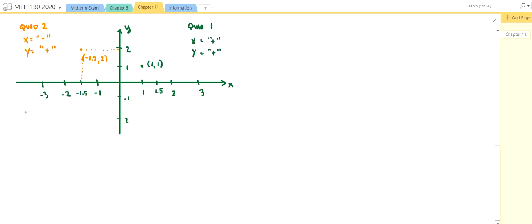We could come down here to quadrant 3. Perhaps this is a point. So there's an infinite number of points we could create. This is the point minus 1, minus 2. In quadrant 3, our x values again are all negative, and our y values are all negative.